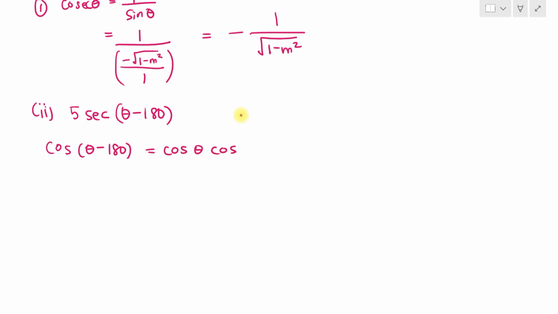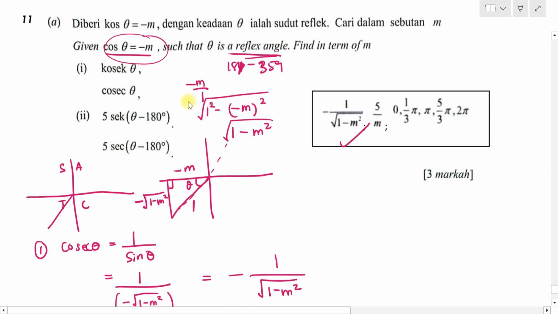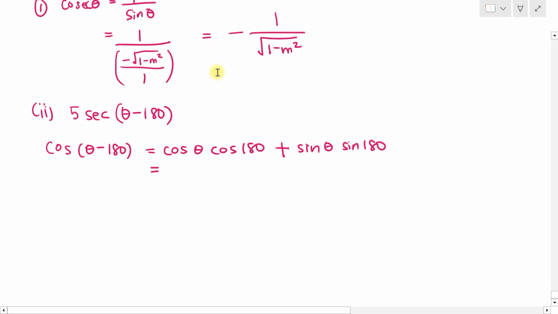cos theta cos 180 minus, it changes to positive, sin theta sin 180. So, cos theta we get from the question already, negative m. And cos 180 is negative 1, plus sin theta.